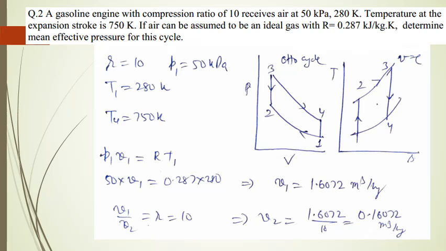Now for the state 1, we have written the state equation P1 V1 equals RT1, where V1 is the specific volume at state 1. So the value of specific volume at 1, that is V1, comes out to be 1.6072 meter cube per kg. Now since compression ratio is equal to 10, that implies that V1 upon V2 is equal to r, that's equal to 10. So the value of V2 comes out to be 0.16072 meter cube per kg.